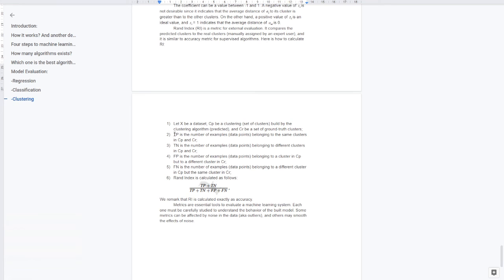Two, true positive is the number of examples, data points, belonging to the same cluster in clustering predicted and clustering real.